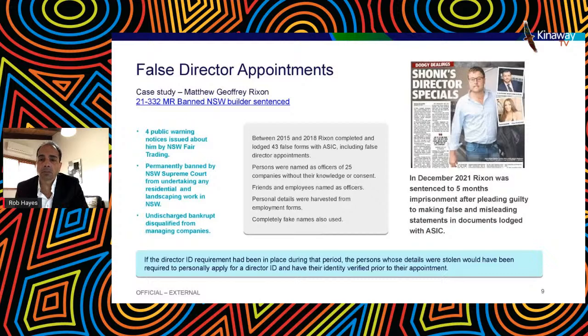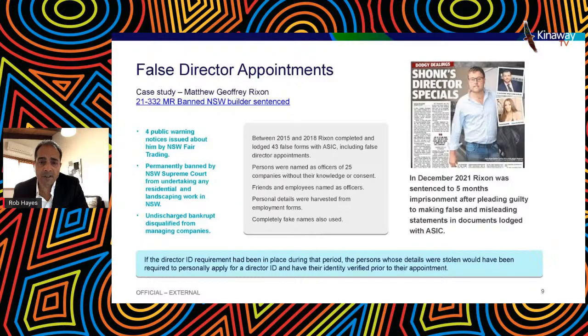This particular item is really something that highlights how illegal activity is perpetrated in the current environment. The Australian Securities and Investments Commission recently completed a prosecution where a builder had lodged 43 false forms with the Australian Securities and Investments Commission between 2015 and 2018.